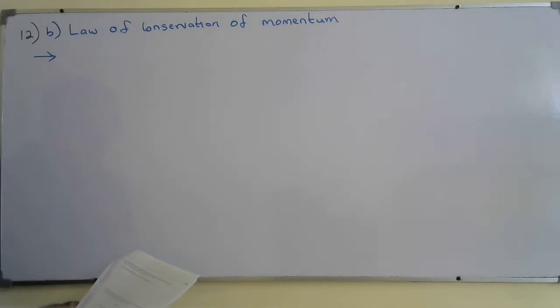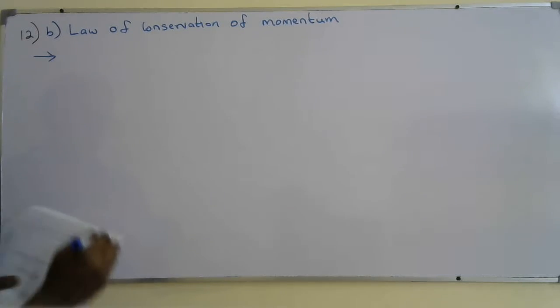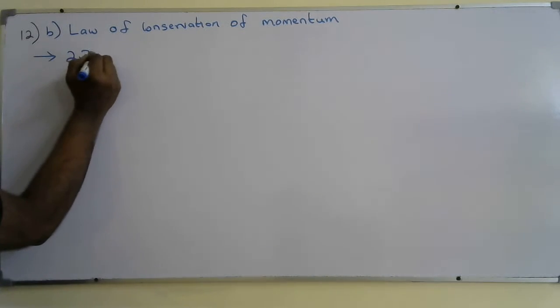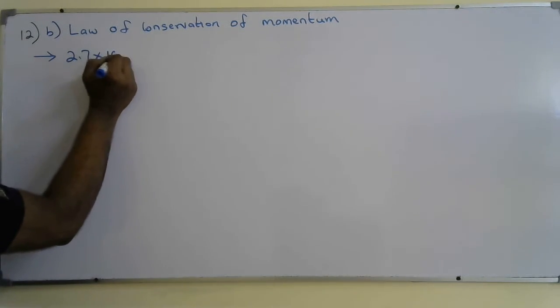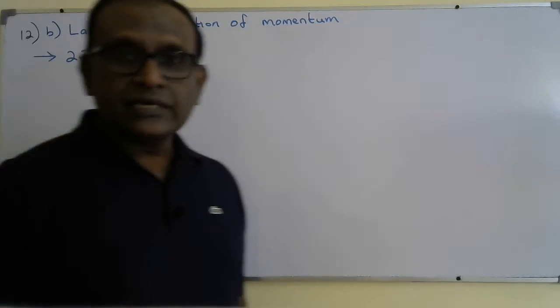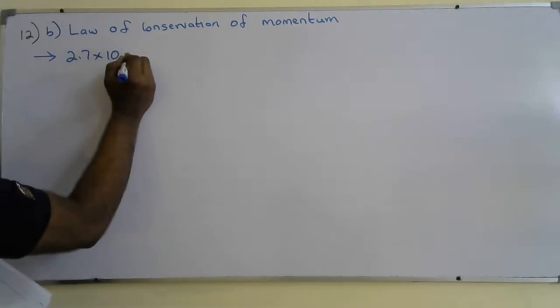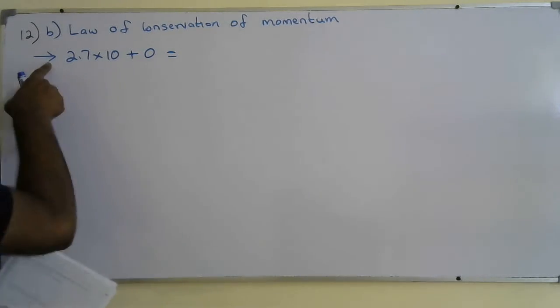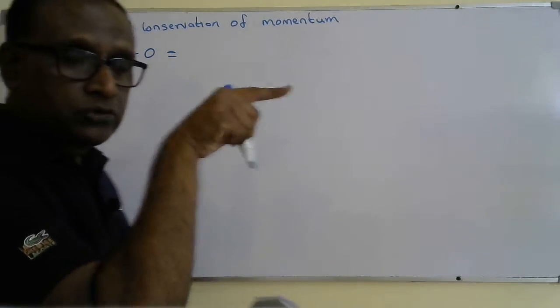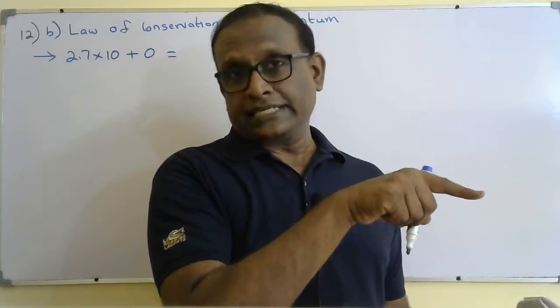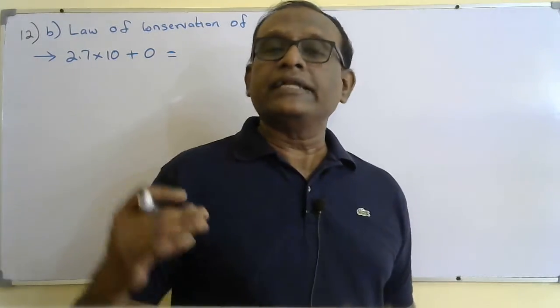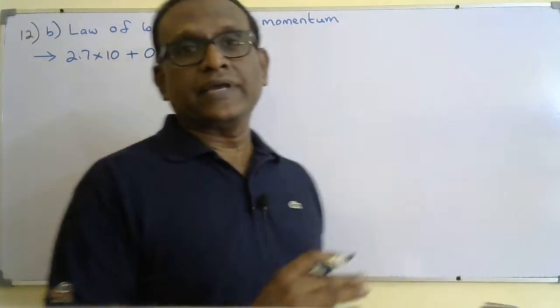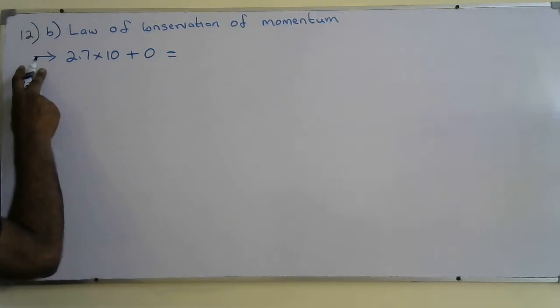Okay. So the aluminium sphere, the mass is 2.7, so mass into 10, the velocity of the aluminium sphere. The steel sphere is at rest, so its initial momentum is 0. After collision, I'm taking momentum towards right as positive. Momentum and the velocity are always parallel vectors.